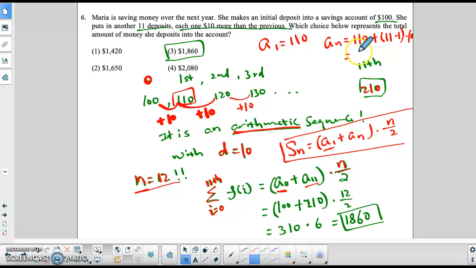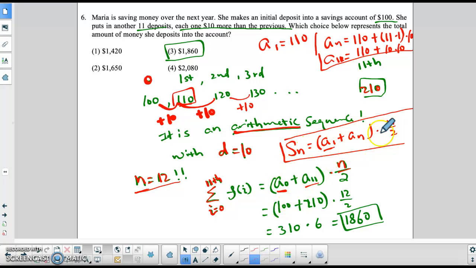This is 10 times 10, so it also gives you 210. So if you wonder where the last term comes from, it comes from here. Now it's all about applying the formula.